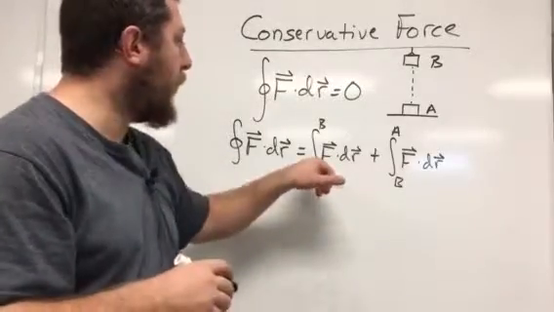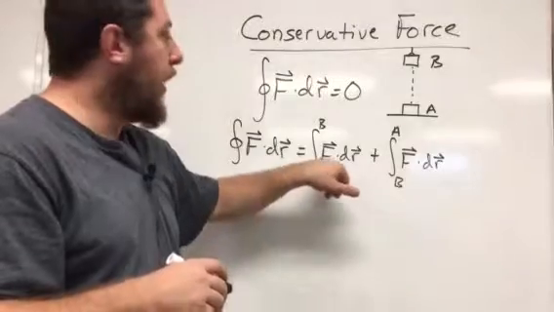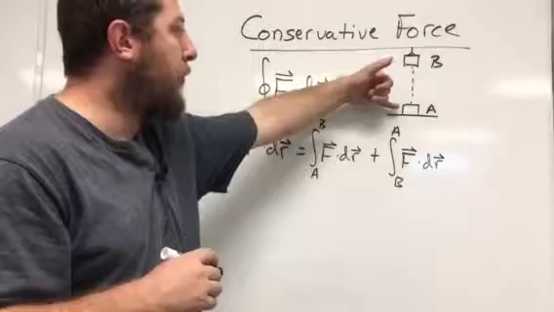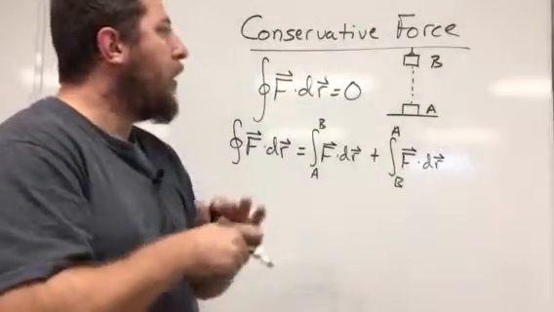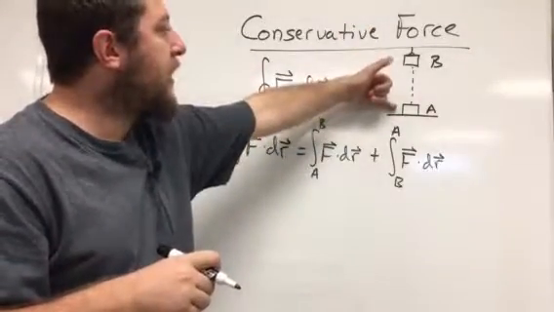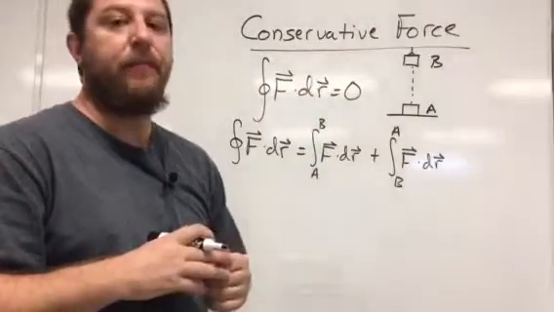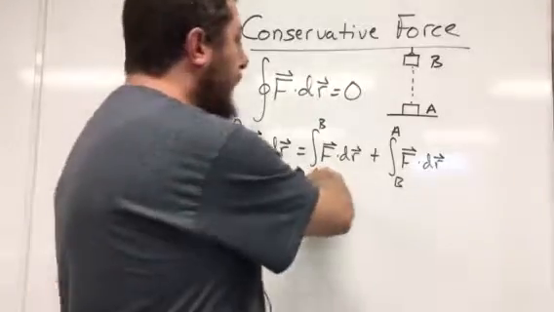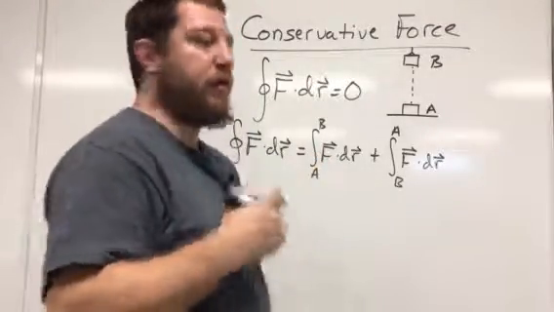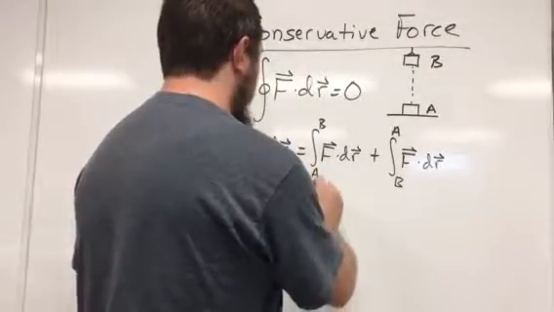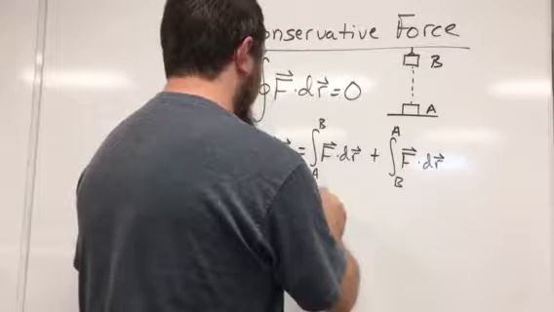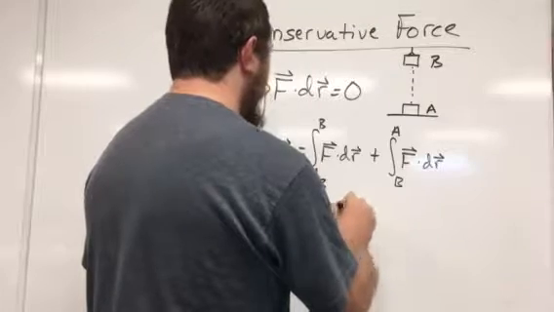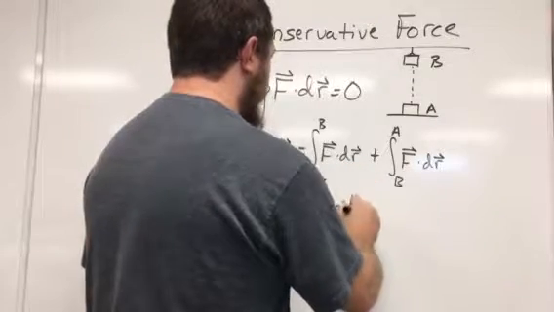So this is the force of gravity, dotted into the path that the object is taking from position A to position B. As the object is rising, gravity is always acting downward, so F is always going to be negative mg. So this is the integral from A to B of negative mg dot dr.